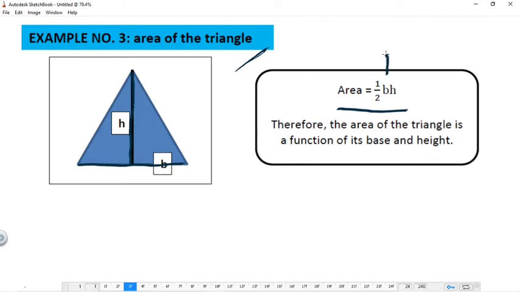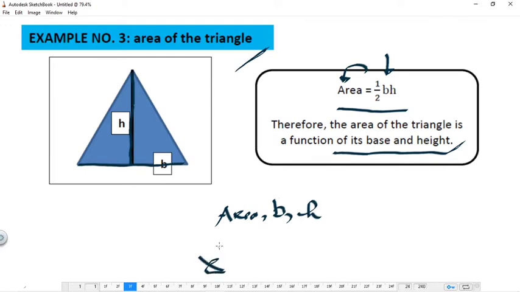Once again, we can assign any values for the base and the height, and the value of the area is affected as well. Therefore, the area of the triangle is a function of its base and height. If you look at this, there are 3 terms involved: the area, the base, and the height. Thus, we must not limit ourselves to just 2 terms when we talk about functions.